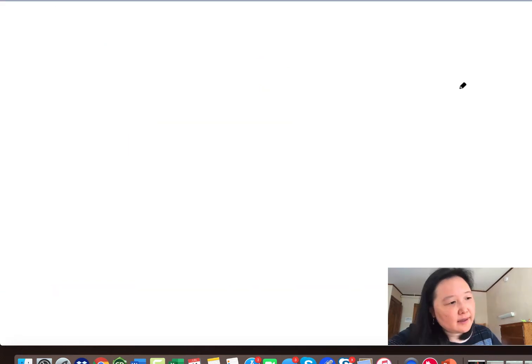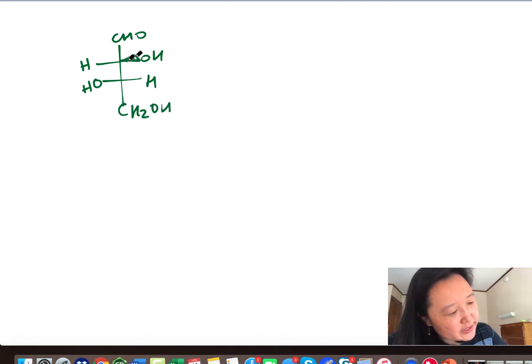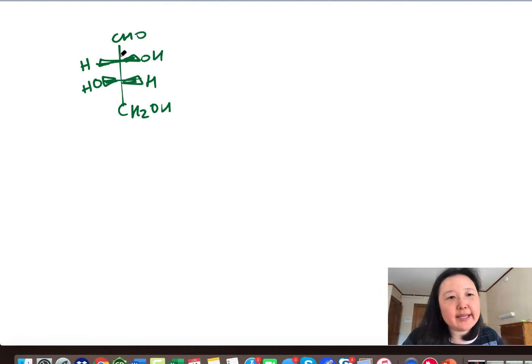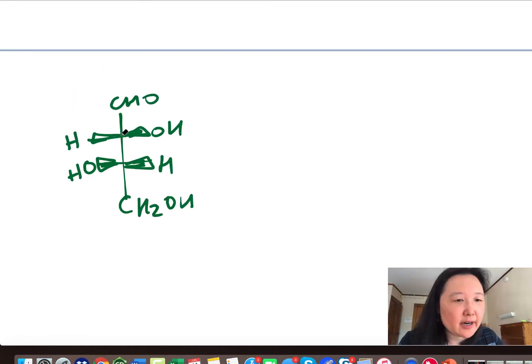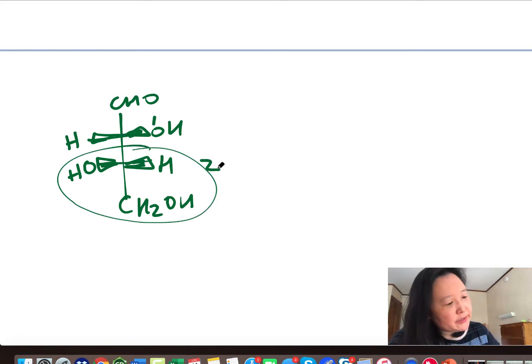Another thing I'll mention is that with these Fischer projections, it's good to remember that the horizontal lines going across are your wedges, okay? So if I'm looking at what is the configuration of this carbon here, is it R or S, I'm going to look at 1, then this whole group down here is my 2.